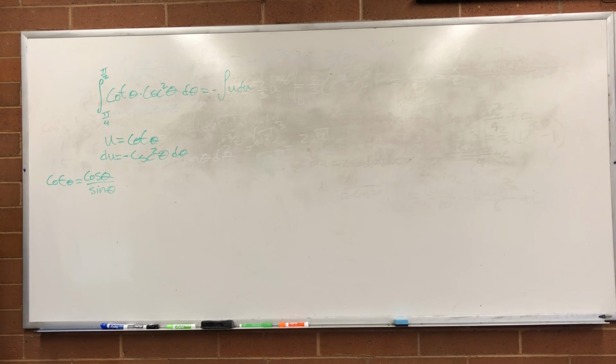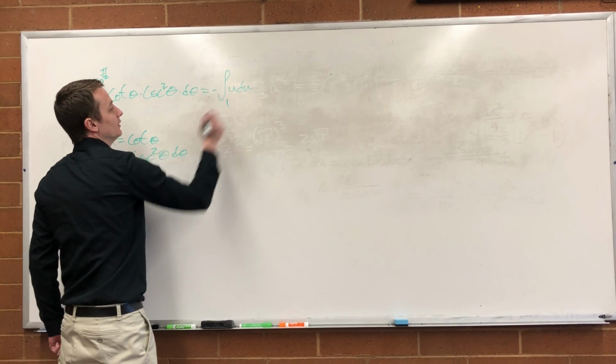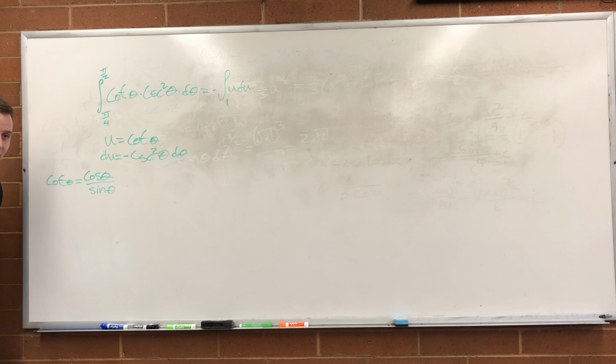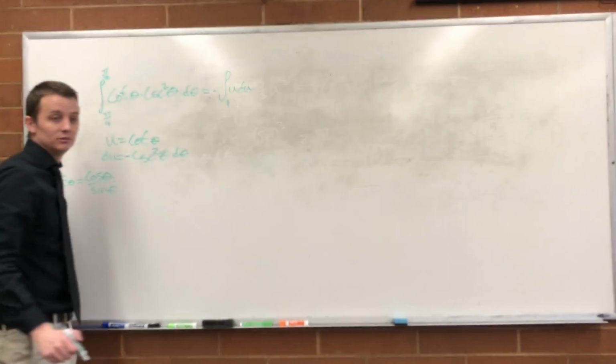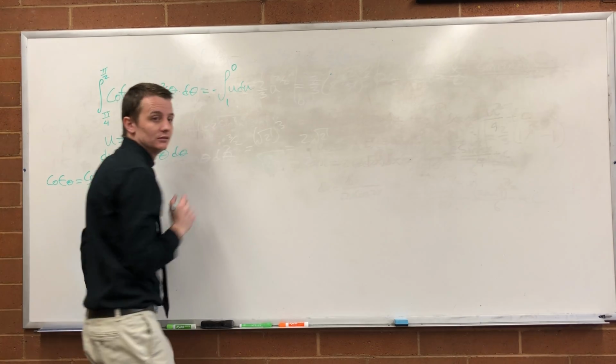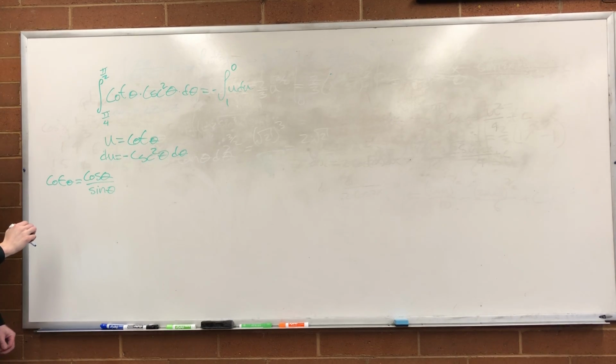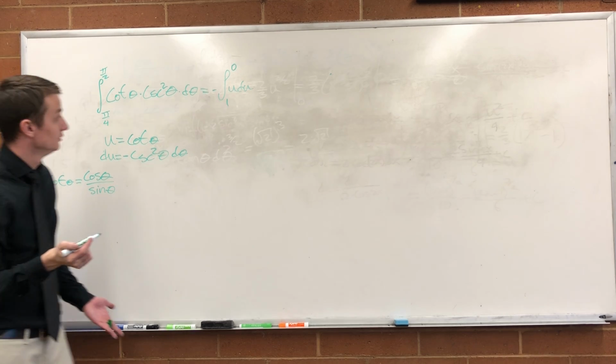The same thing over the same thing. So this becomes a 1. And then what happens when we plug in pi halves? You get 0. See that? Okay, so now we can integrate.